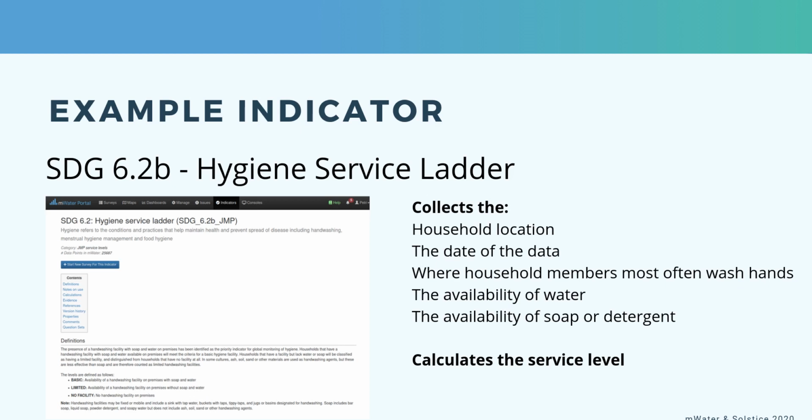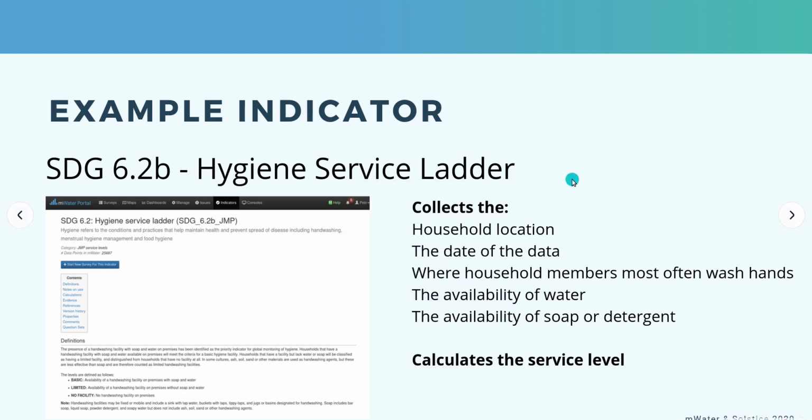And using these ingredients, this indicator goes an extra step and calculates the service level from those three last questions: the household place where they wash hands, the availability of water, availability of soap or detergent, and then places it in a location at a given time.